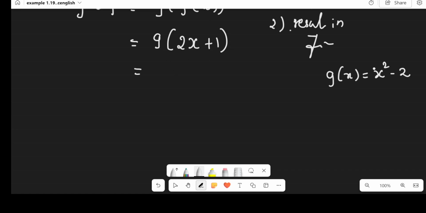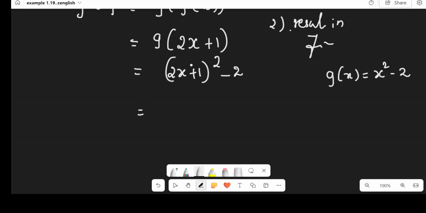In this formula, we replace x with 2x plus 1. So here x square becomes 2x plus 1 whole square, minus 2.